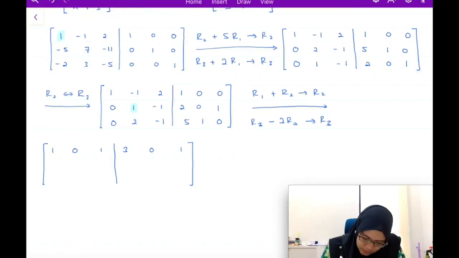So we have 0, 0, 1, 1, 1, negative 2. And we just copy row 2.